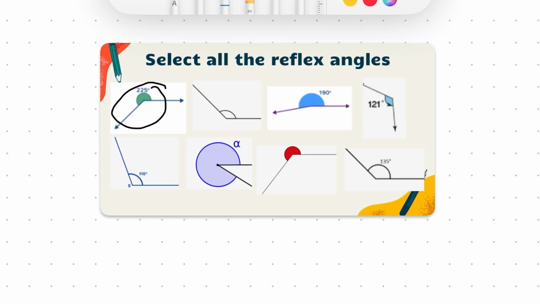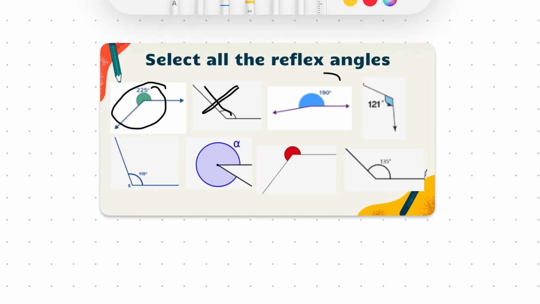What about our second diagram? To me, that looks like an obtuse angle. Remember, an obtuse angle is between 90 and 180 degrees. So therefore, that is likely not a reflex angle. The next diagram showcases a 190 degree angle. That is greater than 180, and it's also less than 360.